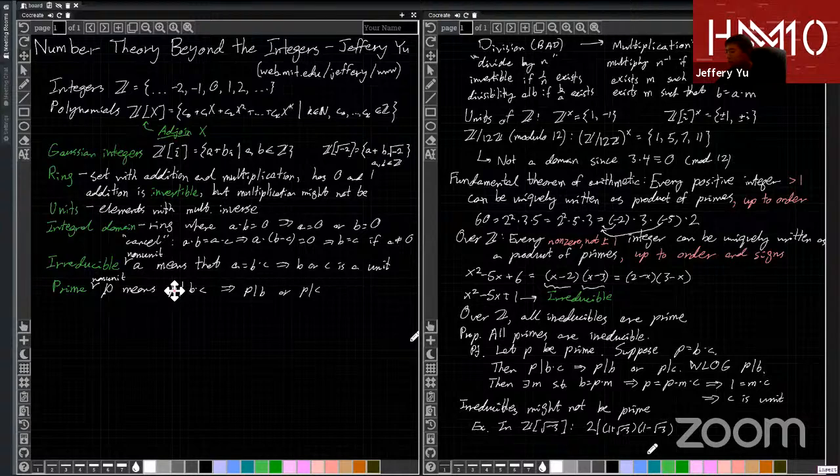So 2 divides 4, but 2 does not divide either of these factors, right? You could just check by real and imaginary parts that this doesn't work out. And 2 does not divide 1 minus root -3. So 2 is not prime, but it is irreducible.